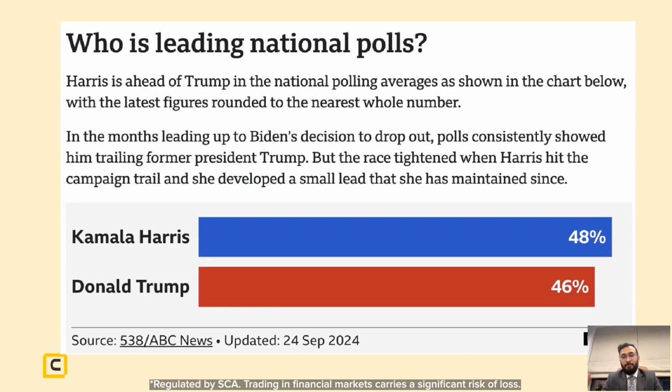And the second presidential debate kind of brought more voters to Kamala Harris, and the race has tightened up. There is a small lead which Kamala Harris has taken in the polls, but as we see, the elections and the polls are very close, so it's very difficult to say which candidate is going to win.